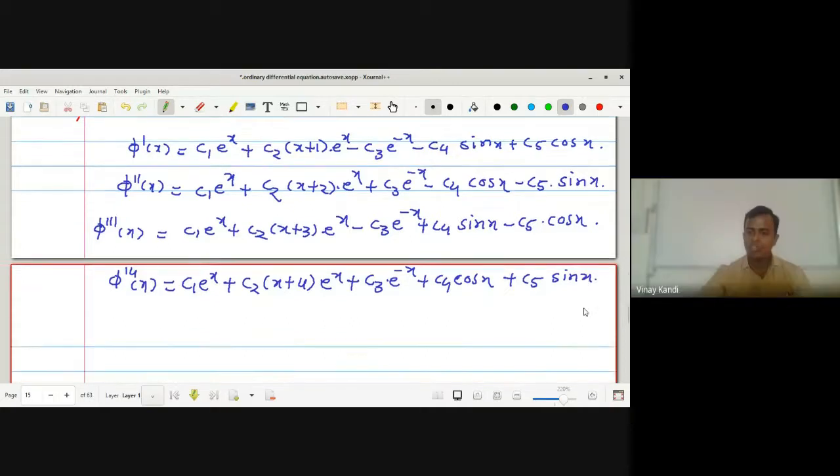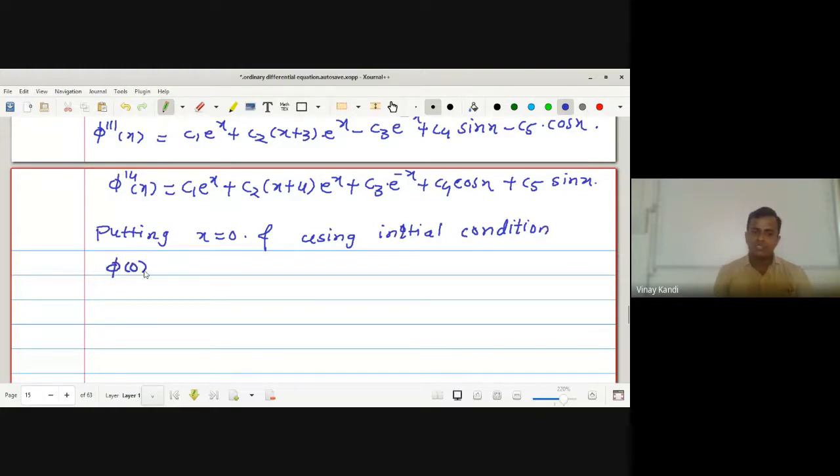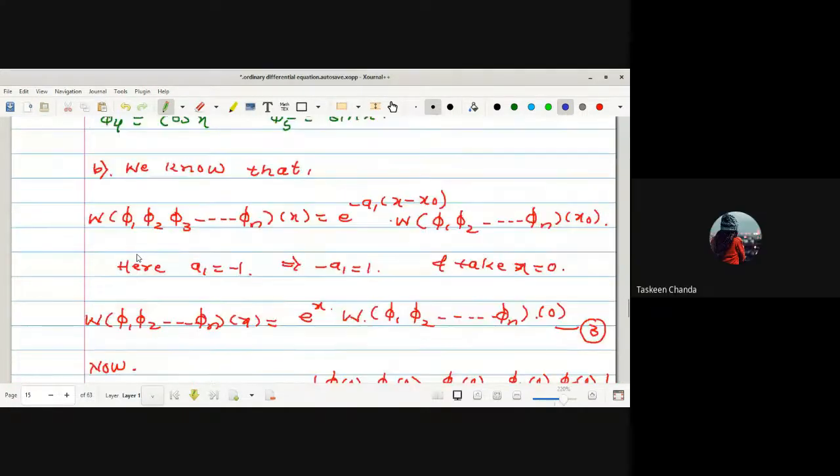Now, putting x is equal to 0 and using the initial condition, phi of 0 is equal to 1.